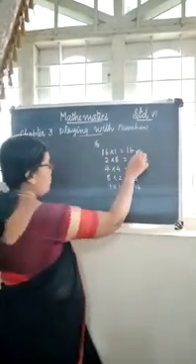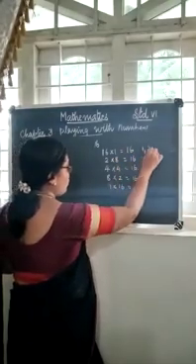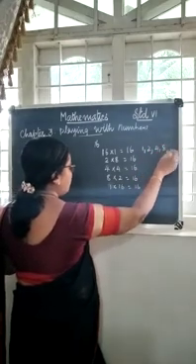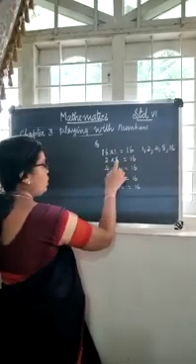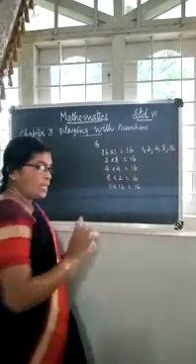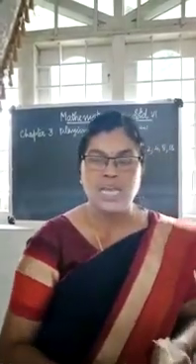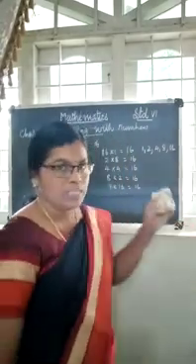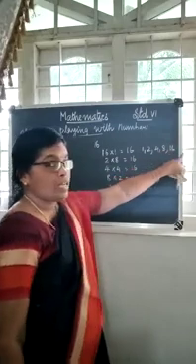That means, which are the factors of 16? 1, 2, 4, 8, then 16. These are the factors. Only by these numbers we can divide 16 completely. Right? So we can divide 16 by 1, 2, 4, 8 and 16.